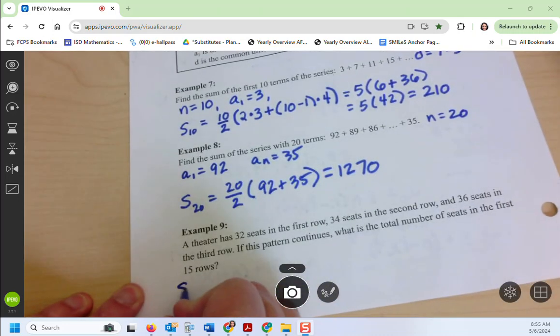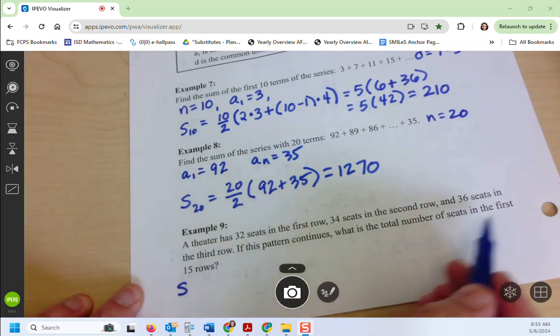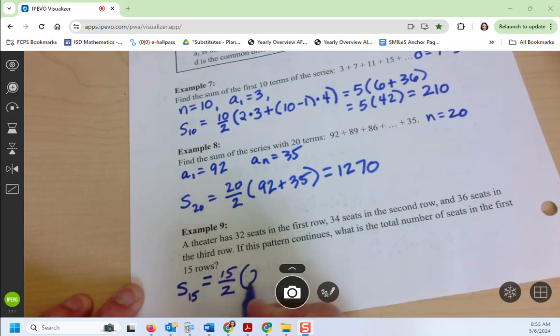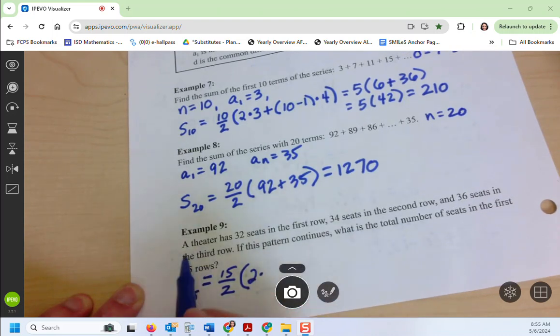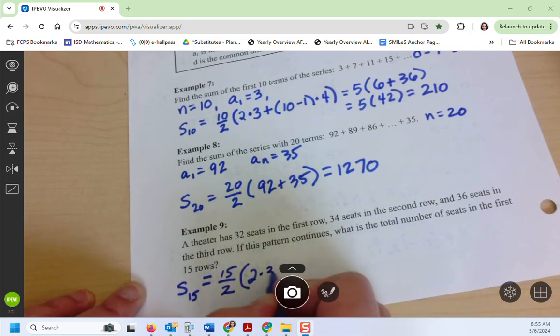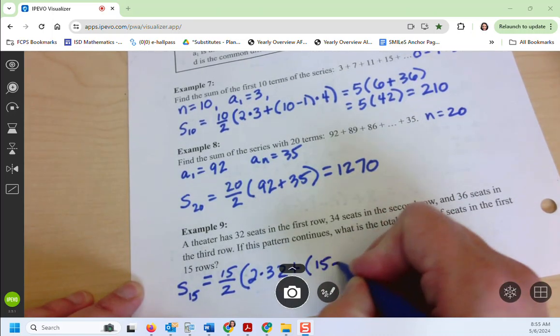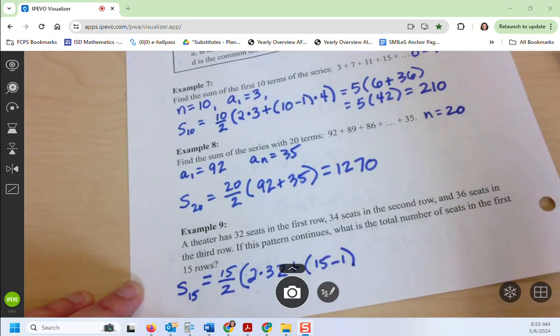So we're going to find the sum of, this is what's the total number of seats in the first 15 rows, so total is sum. Sum of the first 15 rows, and n over 2, so n is 15 rows, 2 times the first row, so the first row is 32, plus n minus 1, so 15 minus 1, times d.